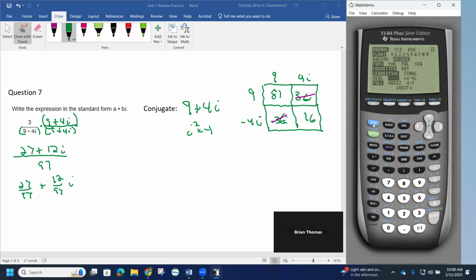So if I type in, using alpha F1, 3 on the top, and then 9 minus 4i on the bottom, and then i is above the decimal point. There's a little blue i there.